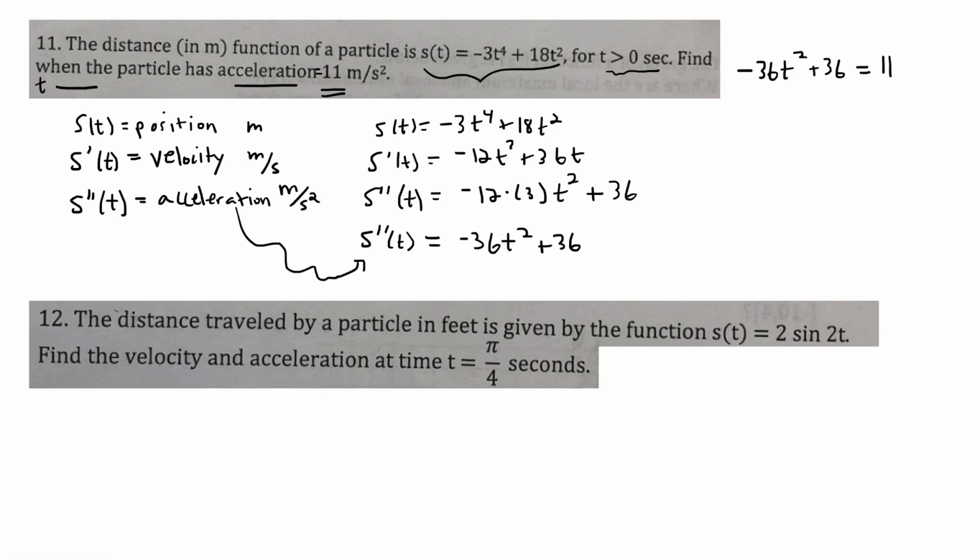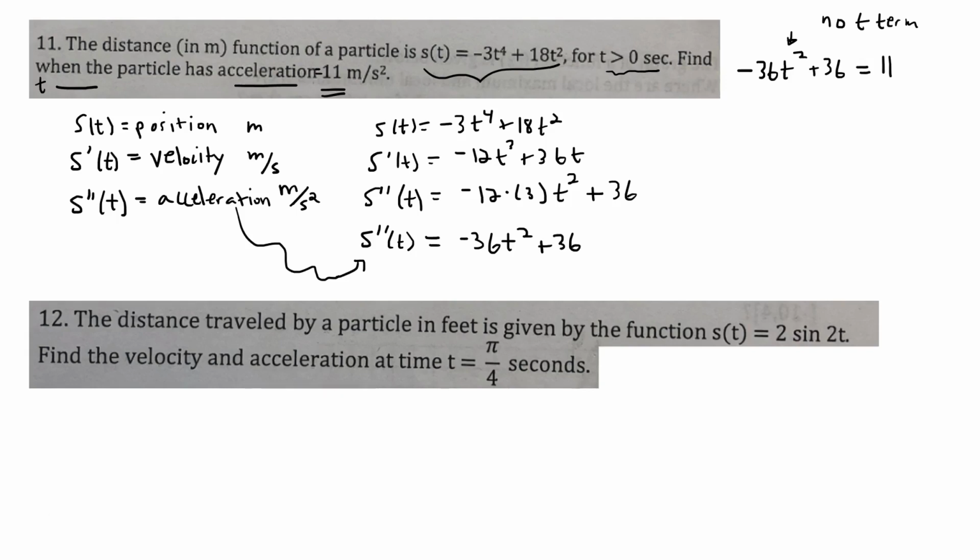Our job is to find the t where this happens. We'll first notice that there is no t term, and that makes things easier to solve. We'll isolate this t squared term, and we'll end up taking the square root to solve for t.